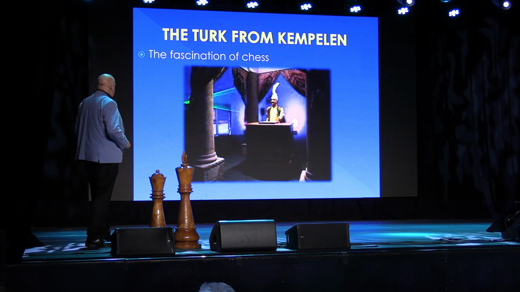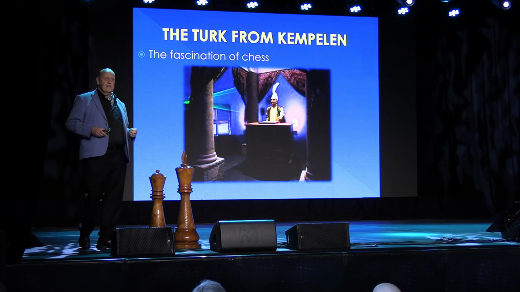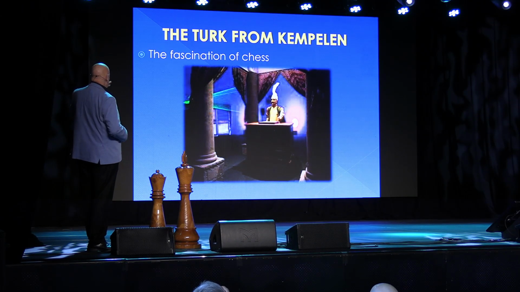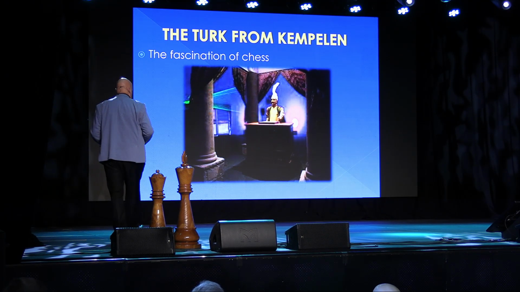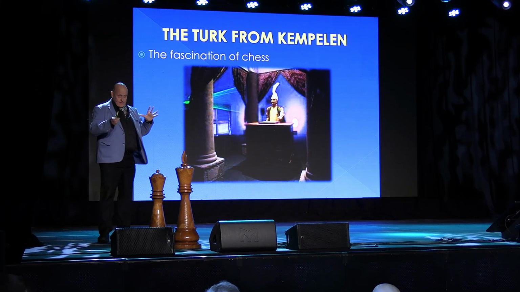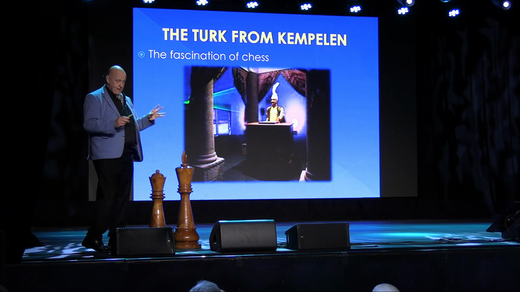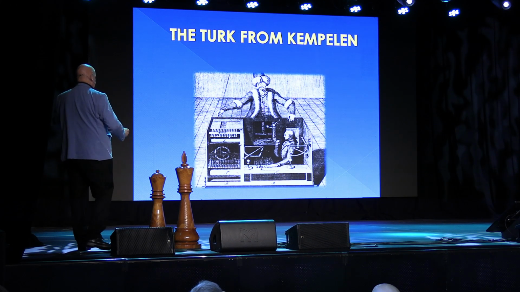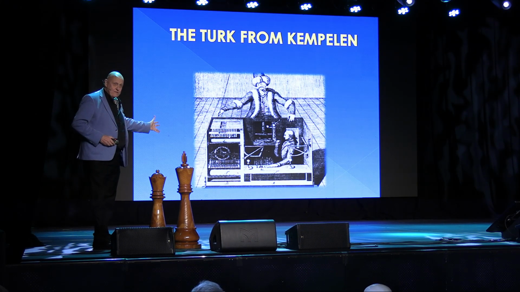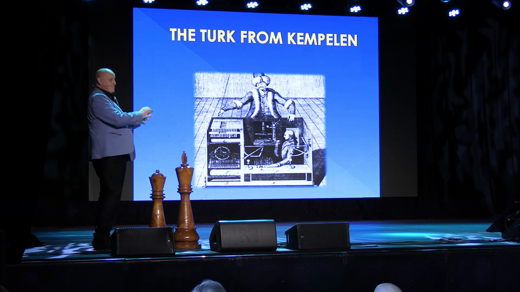Mr. von Kempelen in the Austro-Hungarian Empire was able to create a machine which was playing chess. I also recommend you read the whole story, because it's extremely funny. But the basic thing is that, of course, that machine had a trick. It was a fraud. A very strong chess player was hidden inside.